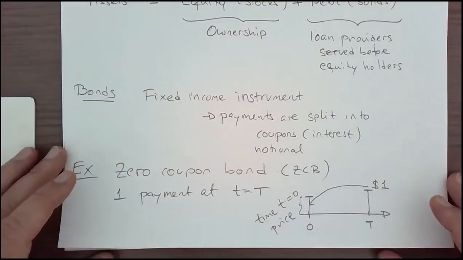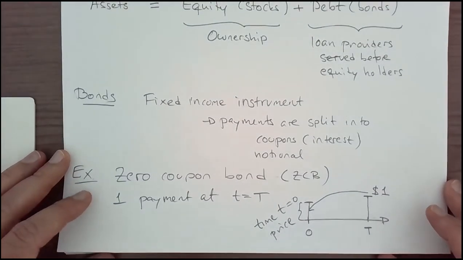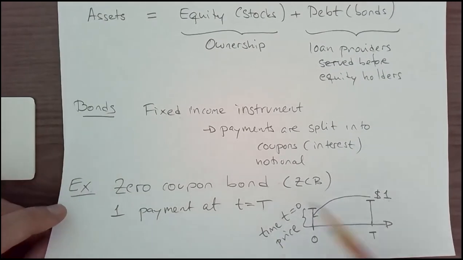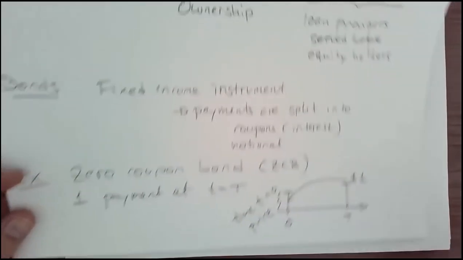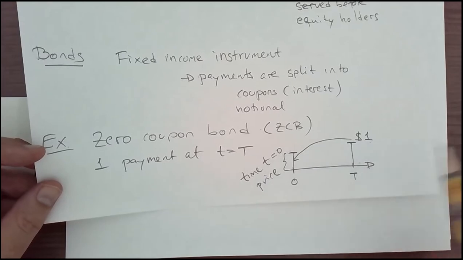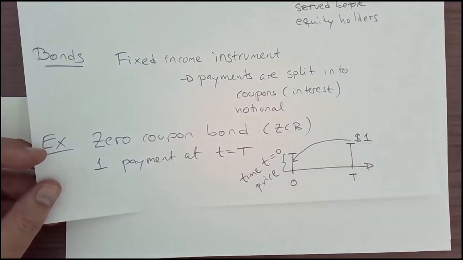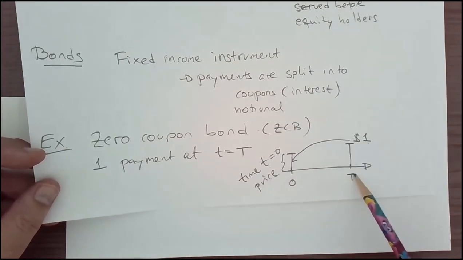So this is an immensely important area of quantitative finance. And zero coupon bonds are the main building block. So a zero coupon bond, in other words, is nothing else than a contract that pays out $1 at some later time point.